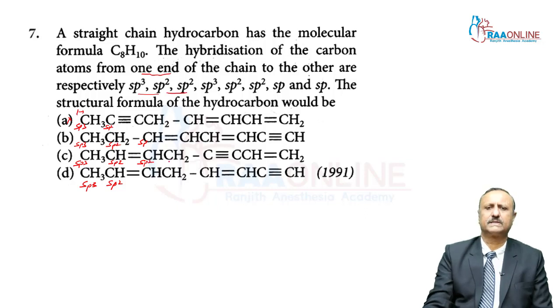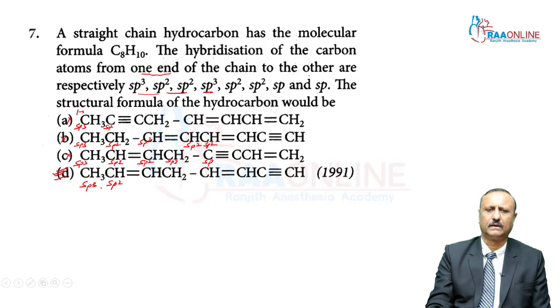Here you can see sp3, yes, and here sp, so this is not the answer. Here A and C are not the answer. Then here sp2, sp2, and then sp2 sp2 is present, so this is not the answer. So the answer is only D, and for question number 7, the answer is D.